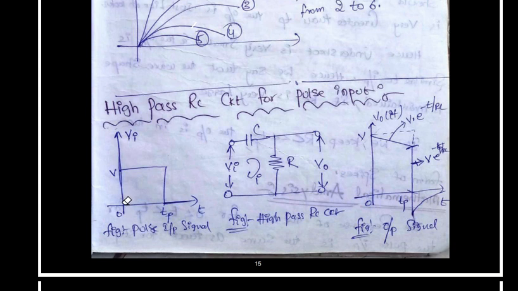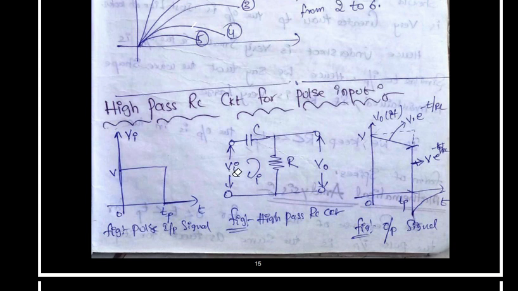Now, coming to the second case, at t is equal to 0, the input signal suddenly increases to the maximum value. Whenever we apply this signal to the circuit, the capacitor does not respond to sudden changes in the input signal.